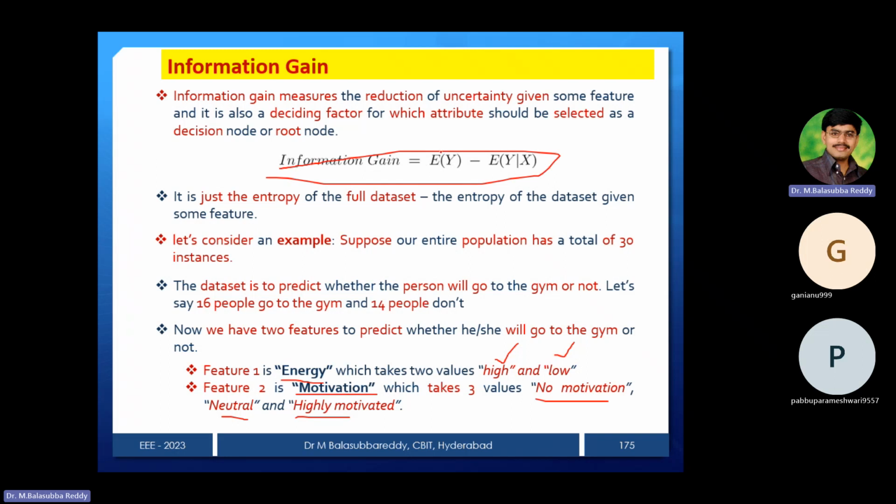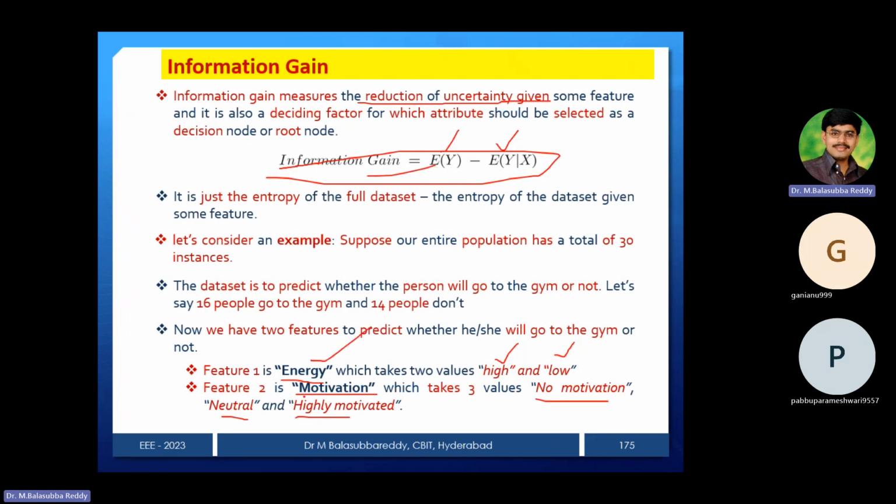For that, we need to calculate entropy and then the weighted average entropy, and subtract it to get the information gain. That information gain measures the reduction of uncertainty. So the uncertainty is what we have to decide on. First I will consider energy and calculate the information gain.